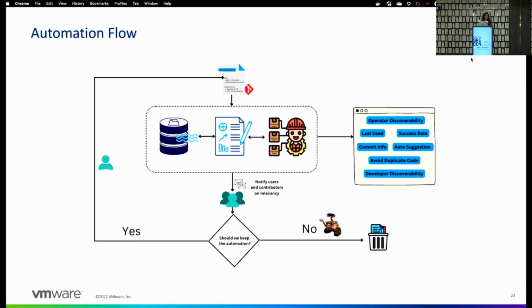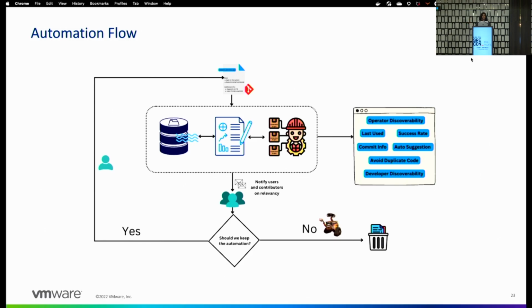They have to make a choice whether they want to keep these automations or not. And if they do, they have to modify the automation, or they have to tag that this is something that we need, keep it, even if it is not going to be used for a very long time. So if nobody responds, the automations are automatically deleted.